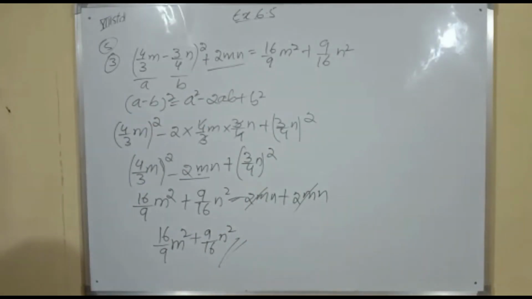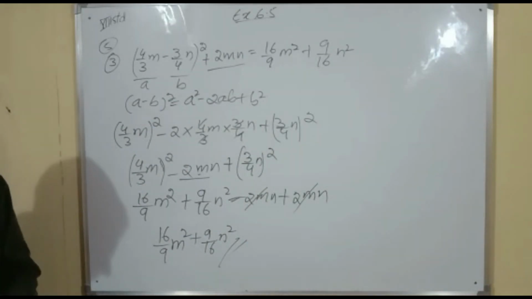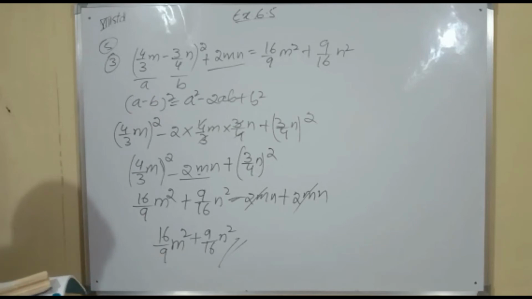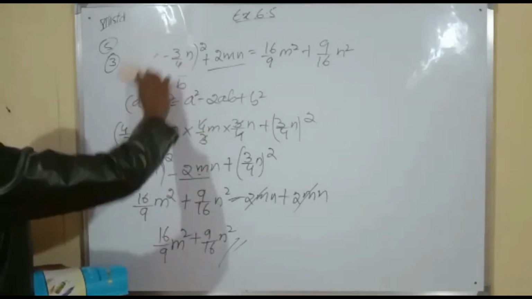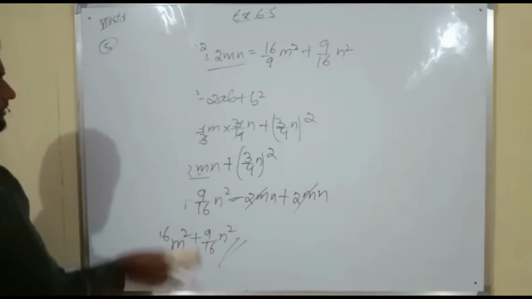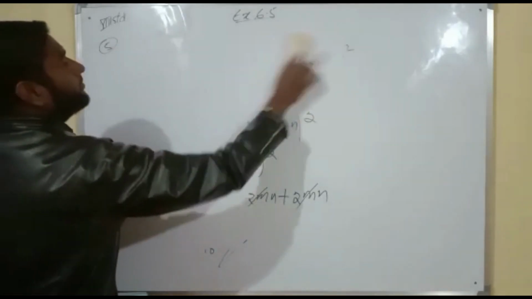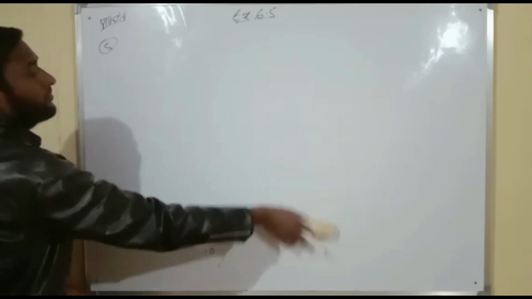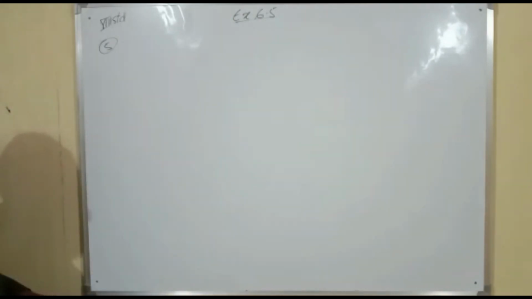This is the third sum. Now look at the fourth one. The fourth one is 4pq plus 3q whole square minus 4pq minus 3q whole square.